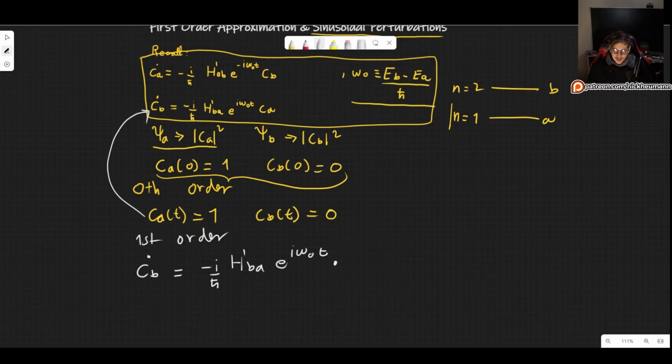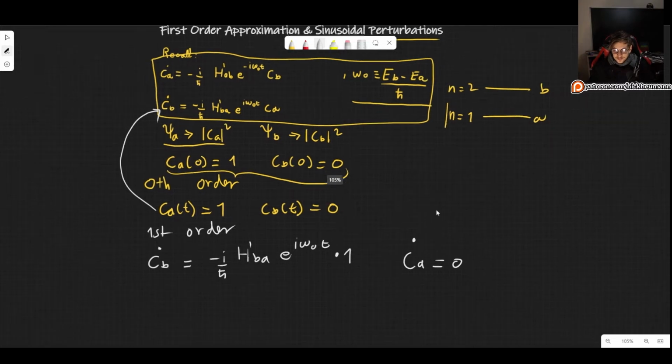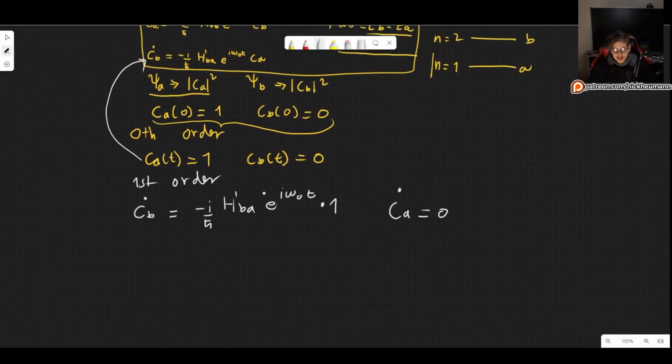So times 1. We don't really have to write it down, but just to make sure that you know that we plugged it in. Then we have Ca dot, but this one is quite simple because Cb is 0, so this is simply 0. Okay. Now let's integrate both of these.